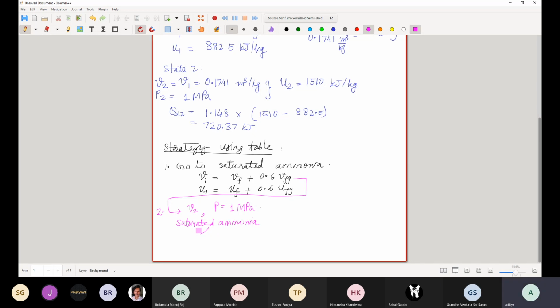In the saturated ammonia data, you will look up 1 megapascal and you will see whether V2 is less than V of the vapor or V2 is larger than V of the vapor. What does the first point mean? What does this mean? And what does this mean?